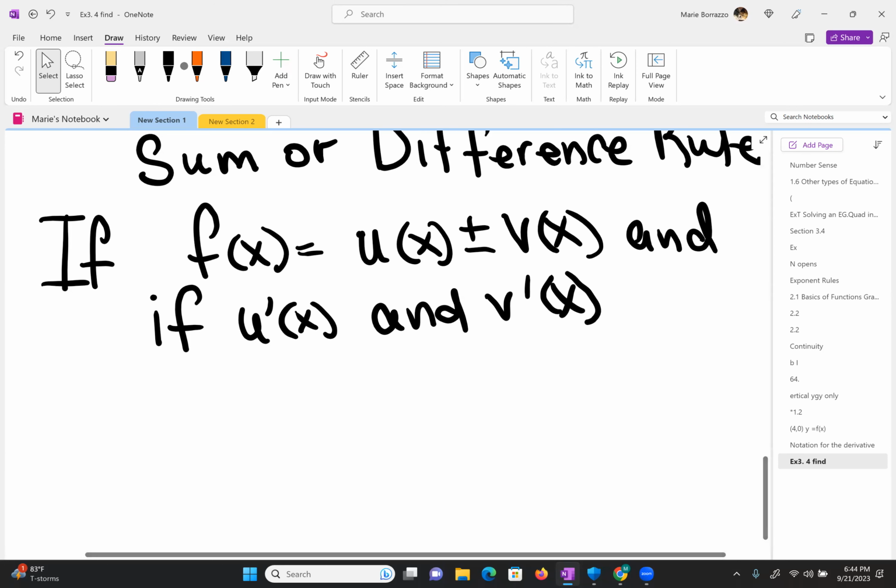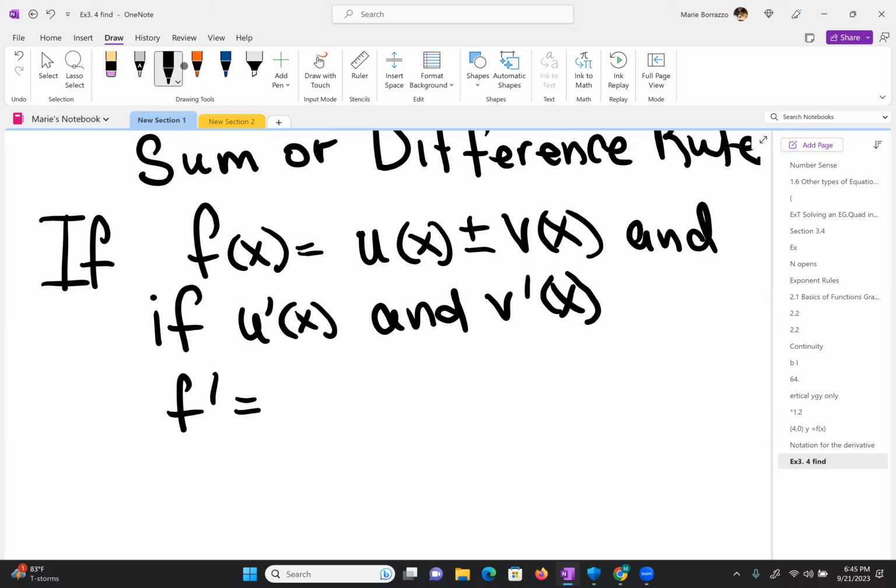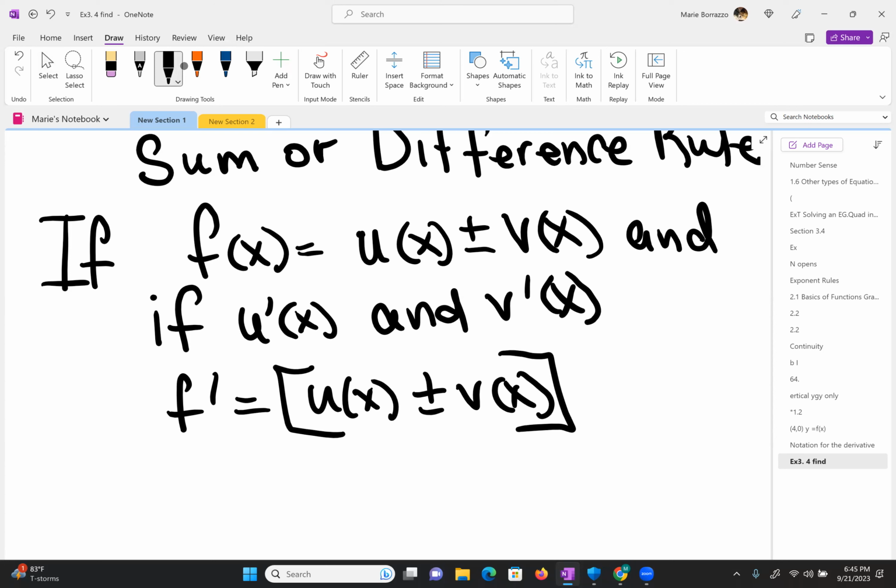You can also look at this as the first derivative of the two functions. So we can think of it as the first derivative of u of x, that first function, plus or minus that second function, depending on whether they're asking you to add or subtract them.